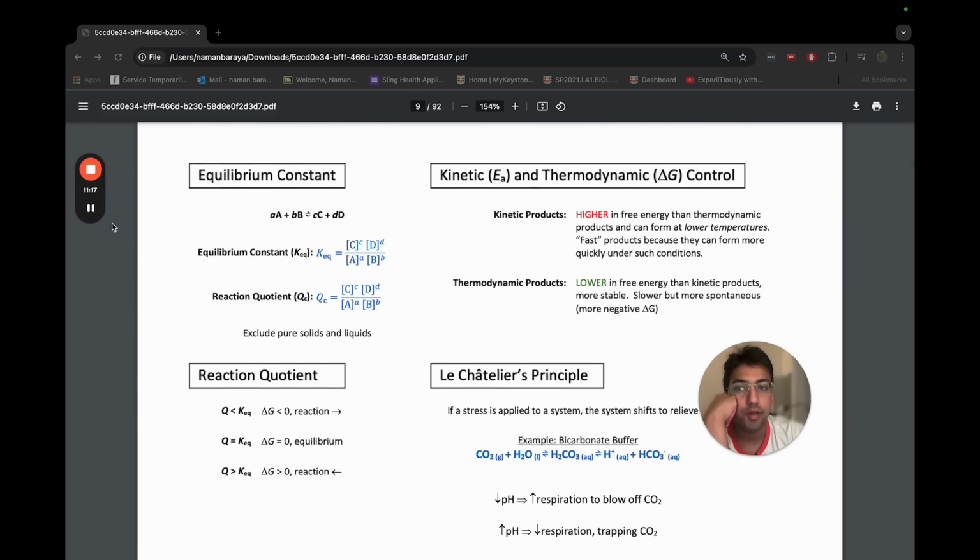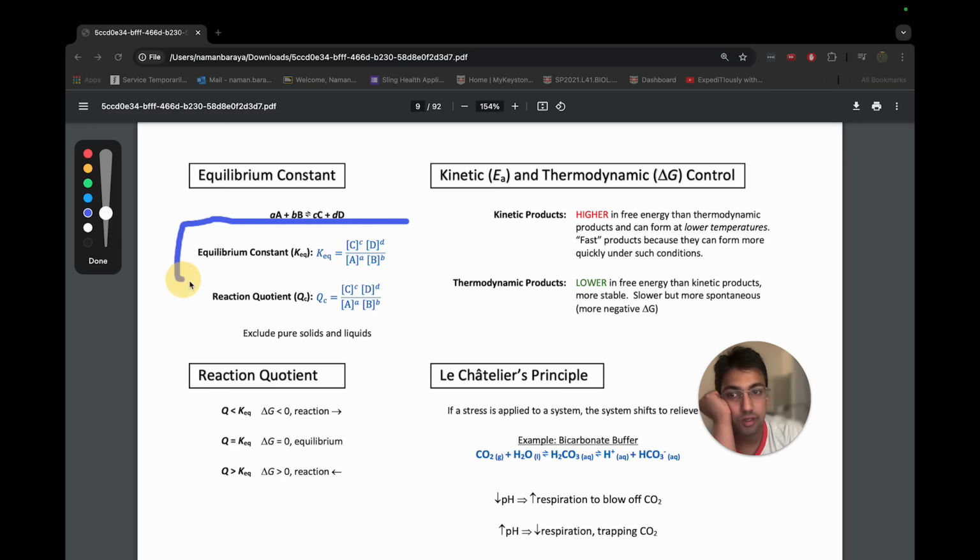Okay, now we have the equilibrium constant. This is the same equation that we were looking at before. We can represent the equilibrium constant by taking C and D and adding the coefficients as exponents, and then we divide it by A and B, and again we take the coefficients and make those exponents. That's called the equilibrium constant.